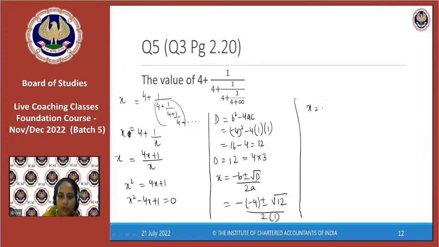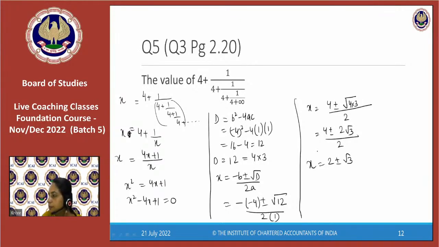So x is equal to 4 plus or minus root of 4 into 3, whole upon 2. So 4 plus or minus 2 root 3, since the square root of 4 is 2, divided by 2. You can take 2 common or divide each term separately by 2. This gives you 2 plus or minus root 3 as your answer.